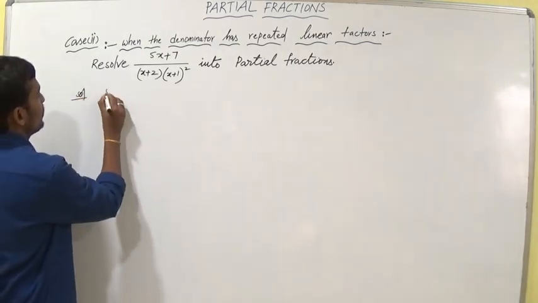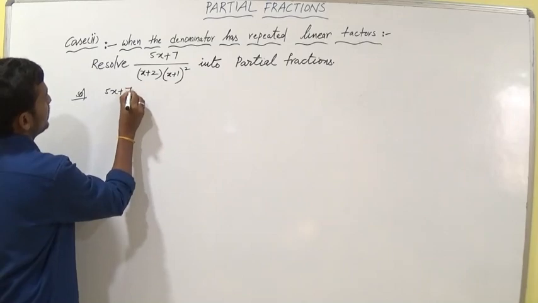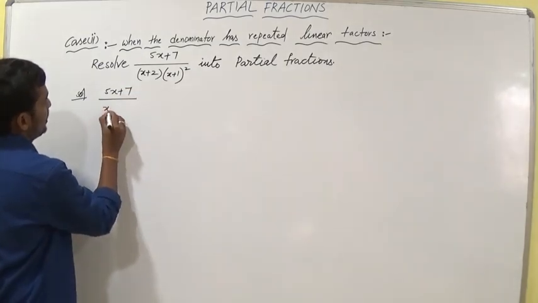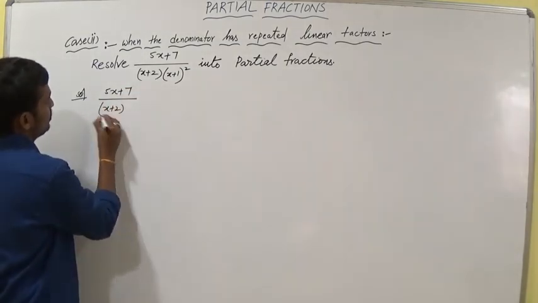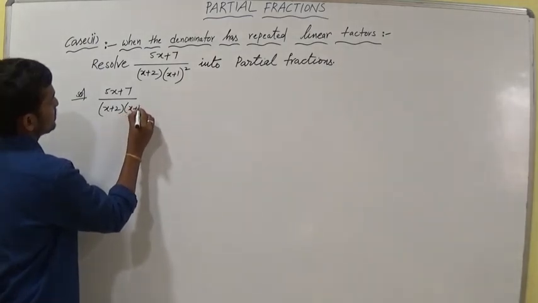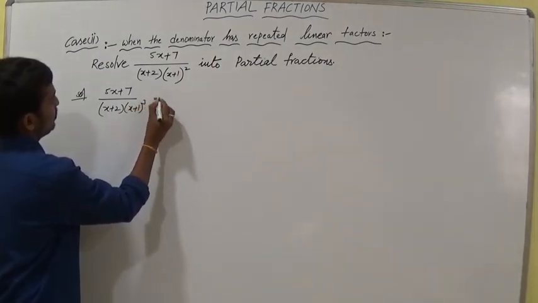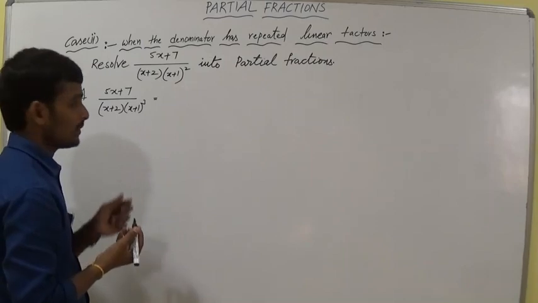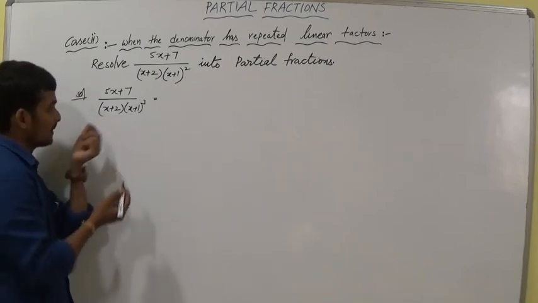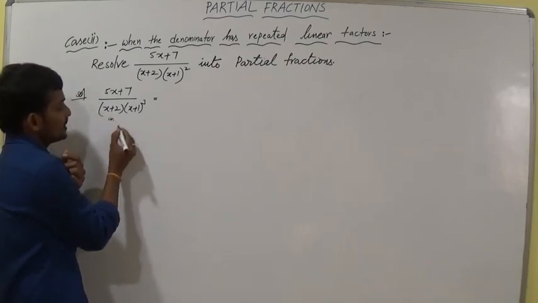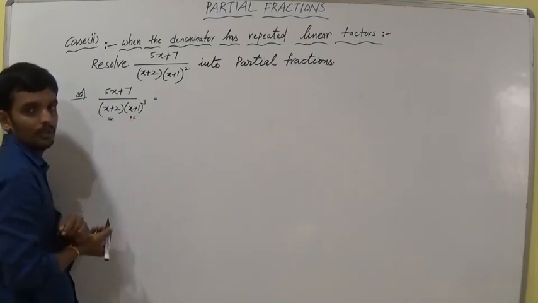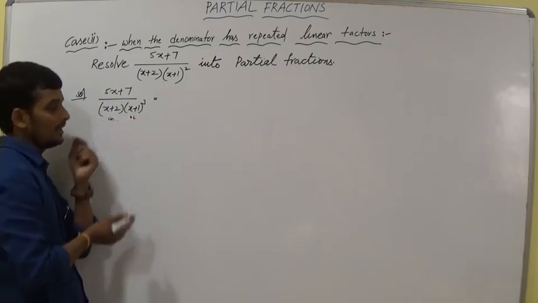So 5x plus 7 by x plus 2 into x plus 1 whole square is equal to, first give the priority to the linear factor. This is the linear factor, this is repeated linear. So we have to give the priority to the linear factor.